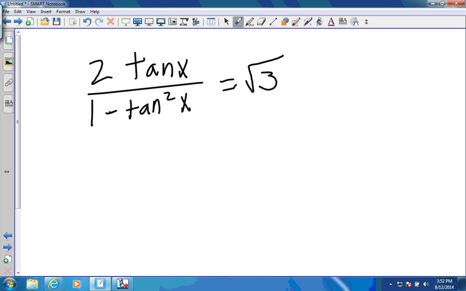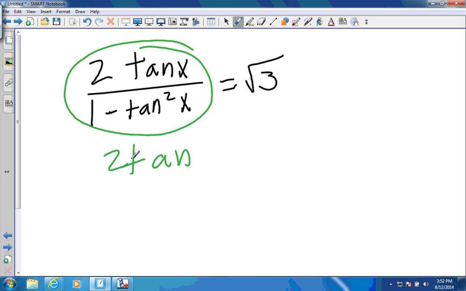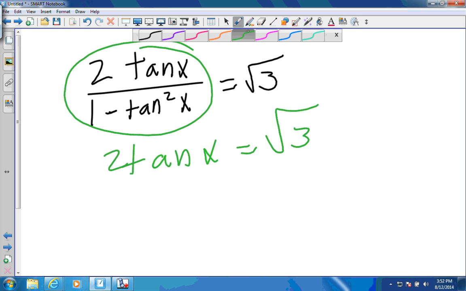Moving on to the next one, trying to solve this. If you look back at the last problem, you can recognize that this right here is the same as tangent of 2x. So then you have 2 tan x equals the square root of 3. No, that's not right, let me change that.